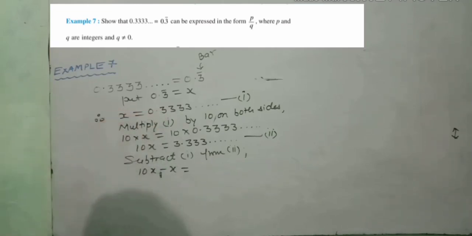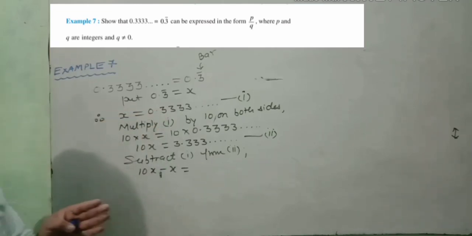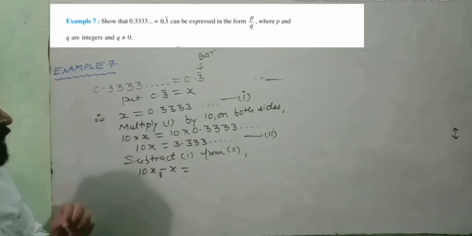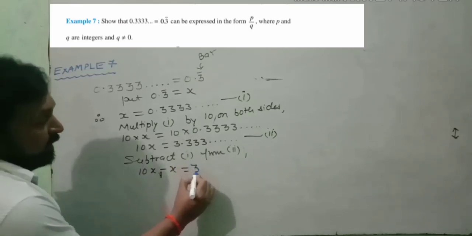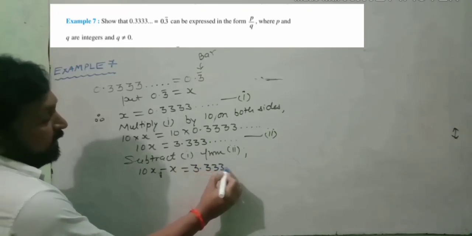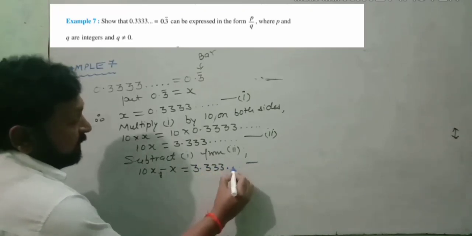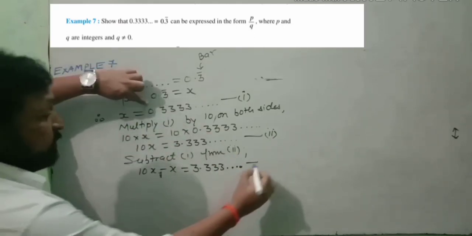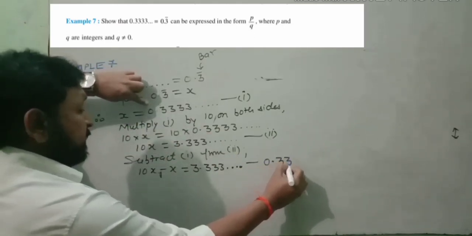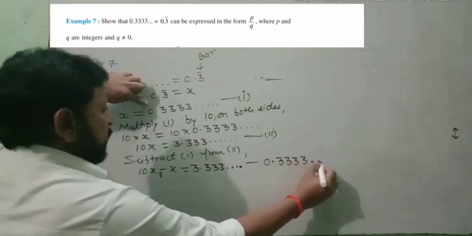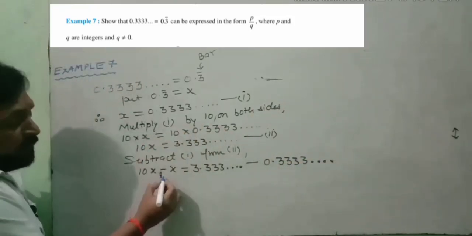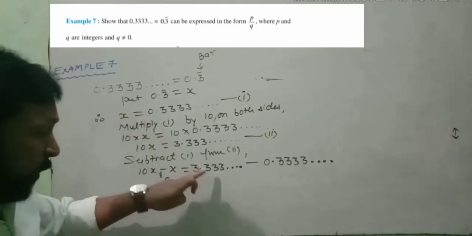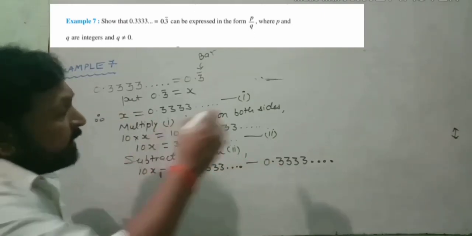It is also a very basic rule of maths that left hand side gets solved with left hand side and right hand side gets solved with right hand side. 3.333 dot dot dot subtract 0.3333 dot dot dot. 10x minus x, how many x? 9x.